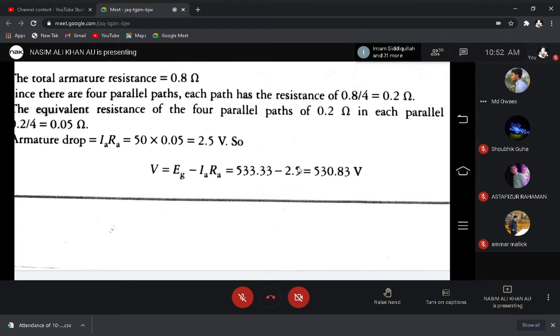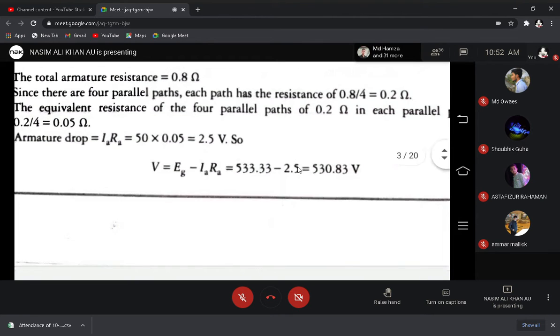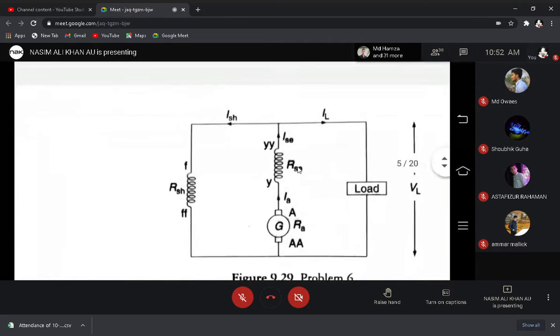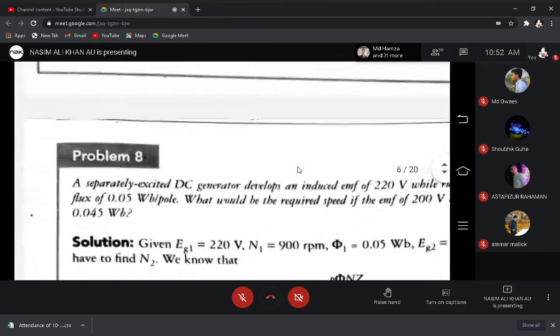Try to remember this expression. When you write the same expression for a motor, instead of G we write B, and it becomes V equals EB plus IA RA. Now let's check how to remember that particular expression.